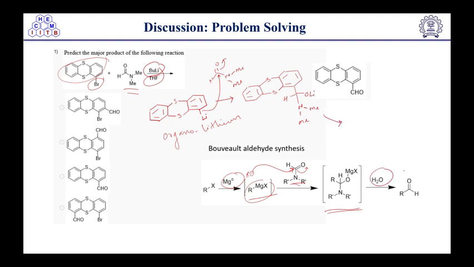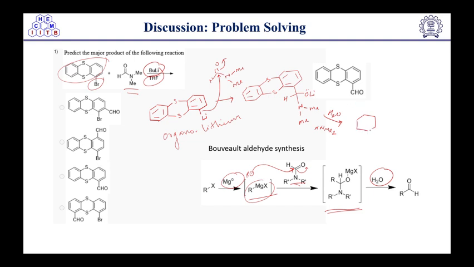Hydrolysis, same as before. I have discussed this also: water will attack, this will get protonated and the NMe2 group will eliminate. So go and watch previous videos for the detailed mechanism, but here remember hydrolysis is taking place to give the corresponding aldehyde. This lone pair will push and it will leave this group.